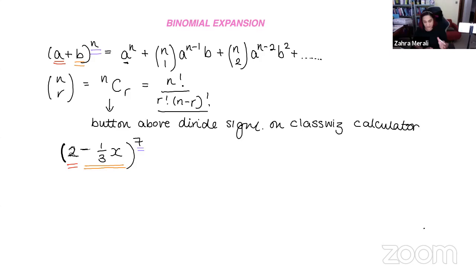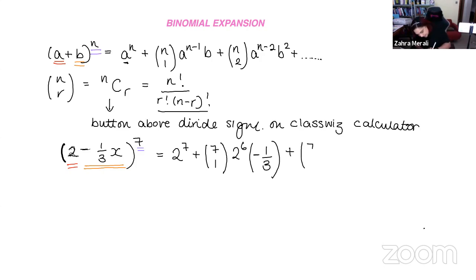So now let's substitute everything in. And we're going to go slow, but you have the formula. This is not difficult. So you've got a, which is 2 to the power of 7, plus 7C1, a, which was 2 to the power of n minus 1, so 7 minus 1 to give you 6. And then because we've got negative, it's b, the whole thing goes there. So it's minus a third.